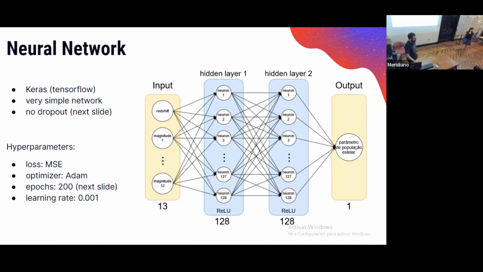I think Eric uses the colors instead of the value of the magnitudes, and Raquel, who is trying to estimate for quasars, is also doing that. I tried in the beginning to use the colors instead of the value of the magnitude, but the result didn't change that much, so I just went with the magnitudes. But yeah, you could consider using the colors instead of the magnitudes themselves.